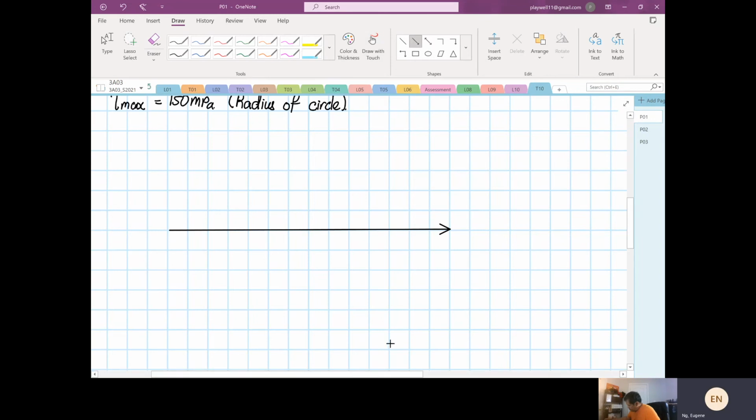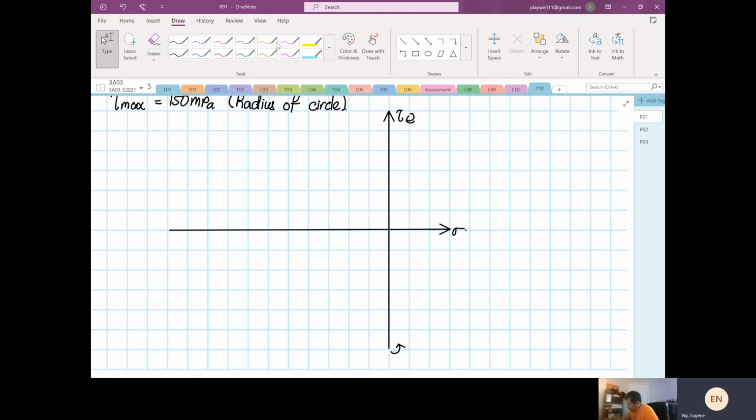Then this is our shear. So this is our shearing stress, clockwise, anti-clockwise, and this is our normal stress.